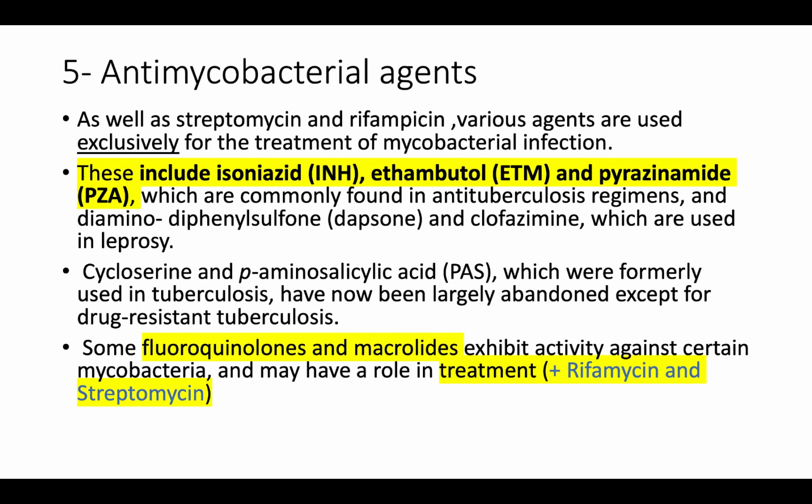So these are the ones that we have. بنضيف عليهم the common drugs اللي هم isoniazid, ethambutol and pyrazinamide. كل هدول عادة بيعطوا in some formulation or another مع بعض ب different combinations, which are commonly found in antimicrobial regimens, and obviously كمان the other mycobacteria, as in leprosy.